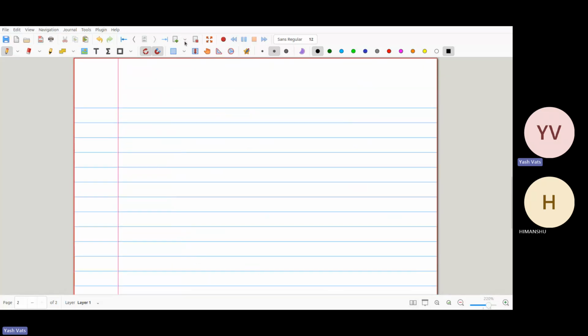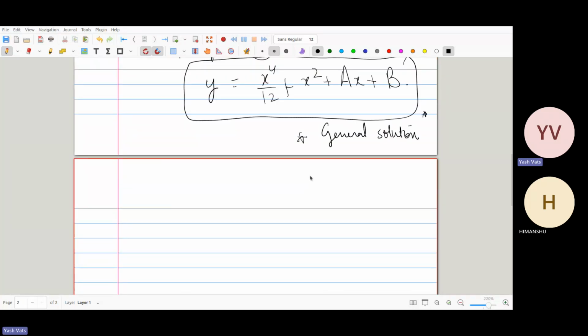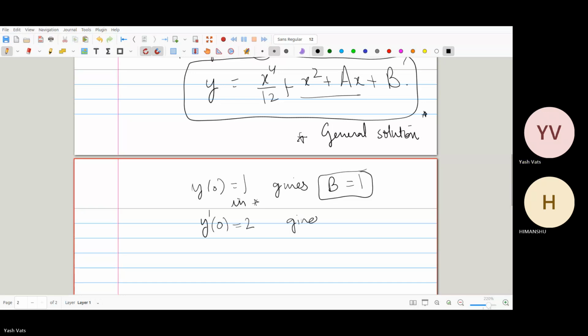Substituting y(0) equals 1 in star gives b equals 1, and y prime 0 equals 2 gives a equals 2.